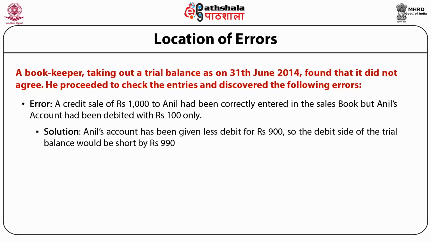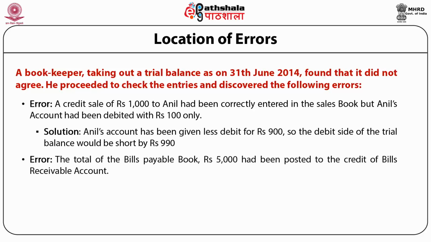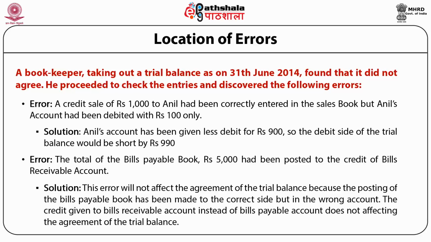₹900. Error 2. The total of bills receivable book ₹5000 had been posted to the credit of bills receivable account. This error will not affect agreement of the trial balance because the posting of the bills receivable book has been made to the correct side but in the wrong account.